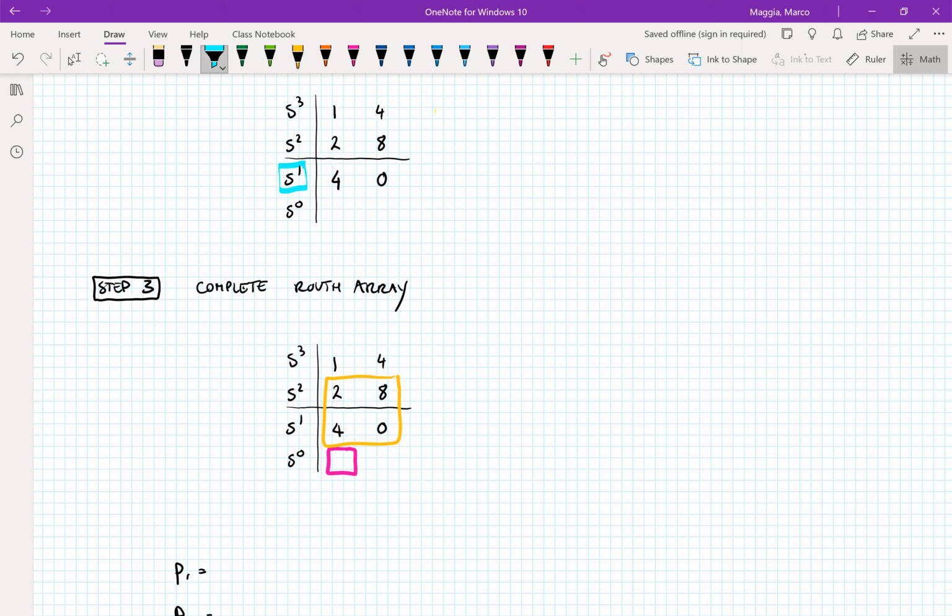So we have a 0 right here. So what we're looking for is simply an 8. All right, so here the Routh array tells us that we have 1, 2, 4, and 8.